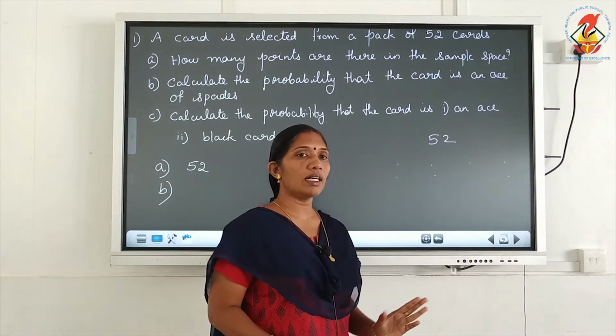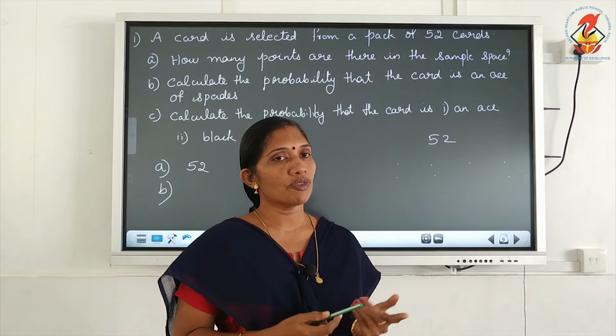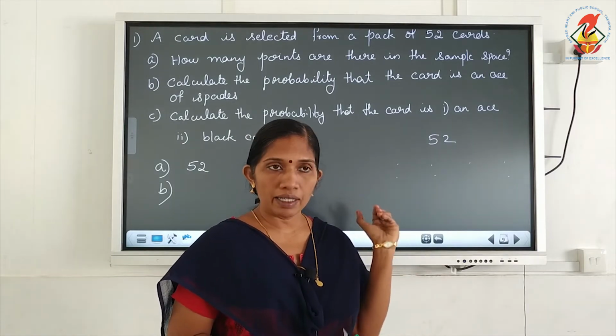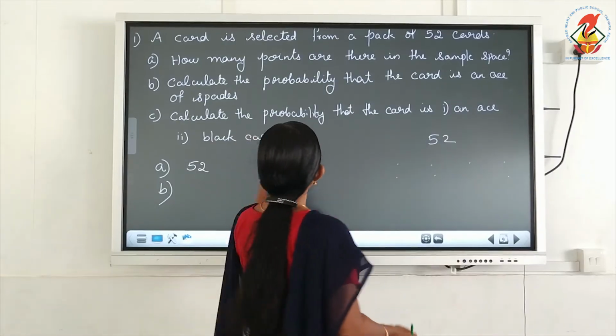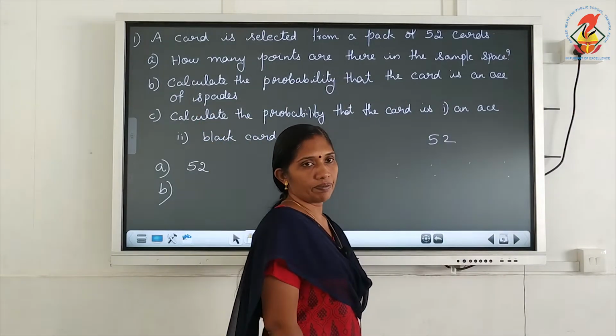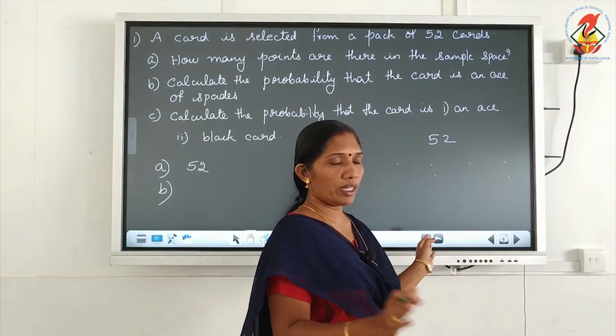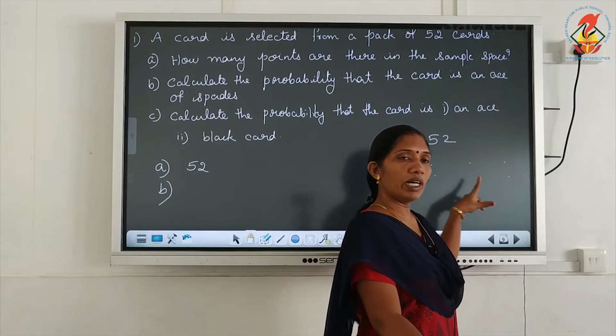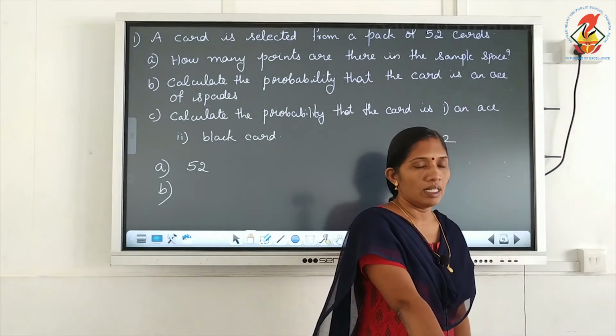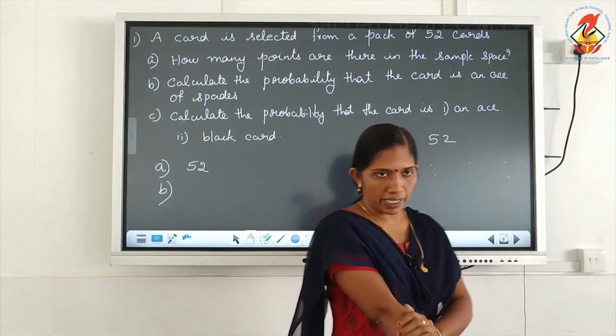In those 13 cards, one king, queen, jack, ace, then 9 number cards. That is the division. So in spades, how many aces? In total there are 4 aces only, one in spade, one in club, one in hearts, one in diamonds. So in spade there is only one ace.